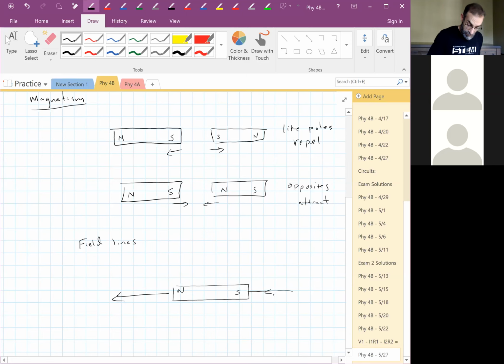That one comes in from infinity. This loops around back to here. And this does something like that.